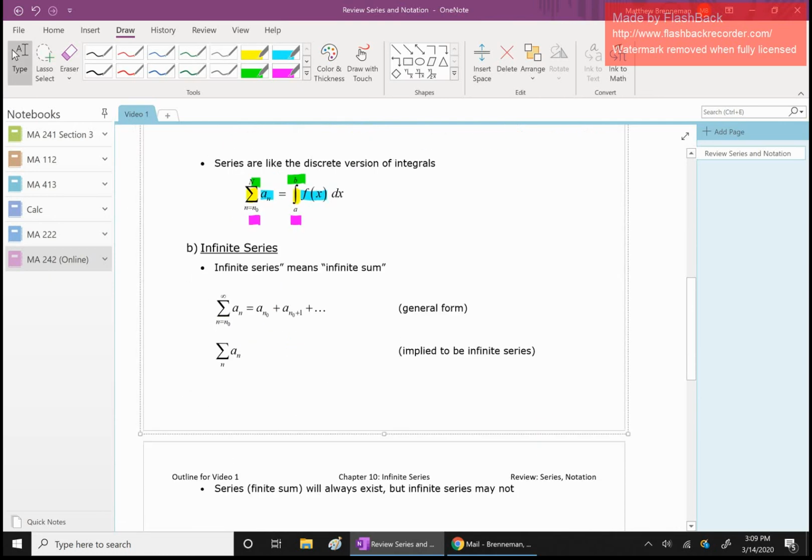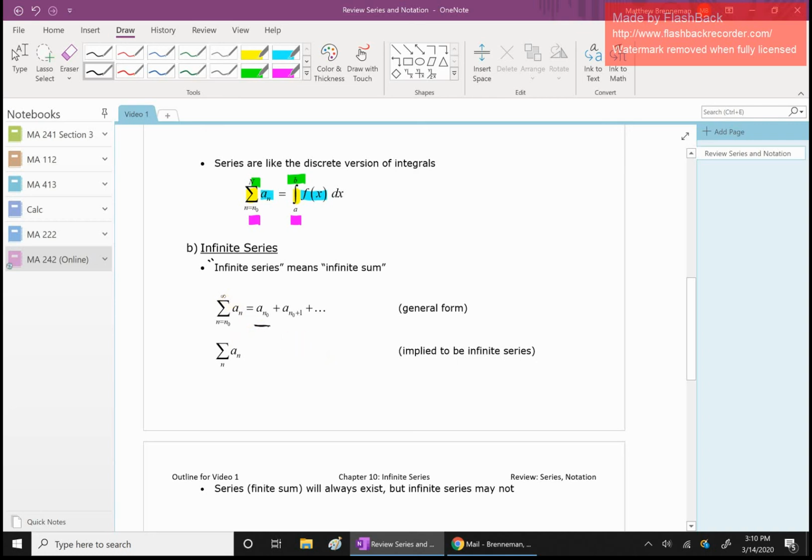And so when we get to infinite series, it just literally means an infinite sum. And so the general form is that we usually start at a specific place. So here I might start at n sub 0, and I'm going to basically add the terms that are in the rest of the sequence. So basically we're going up to infinity.